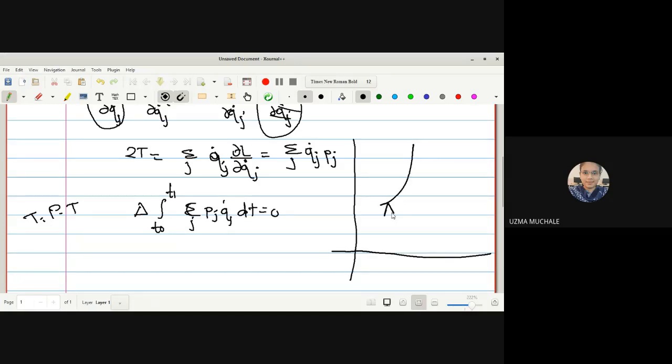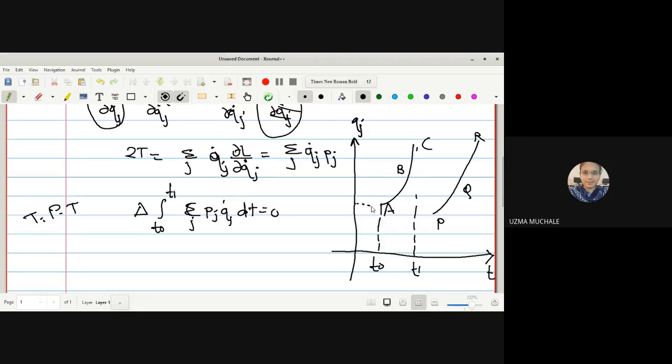Suppose ABC is the actual path that we have followed, and PQR is a varied path which could be followed, and this is the time t0 at the initial stage, and here is the time t1. You remember, in the last lecture we drew this image. This is the time t axis and this is the qj axis.